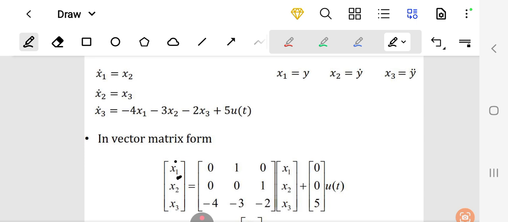Then we have 1 as the coefficient of x3 and zeros for x1 and u. x3 dot equals negative 4x1, negative 3x2, negative 2x3, and the coefficient of u is 5.